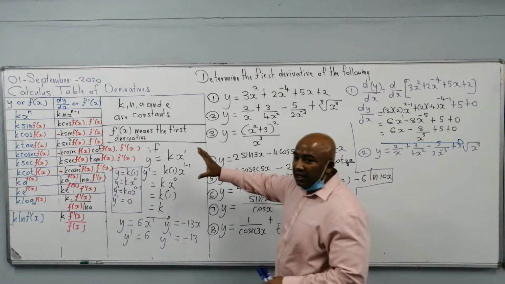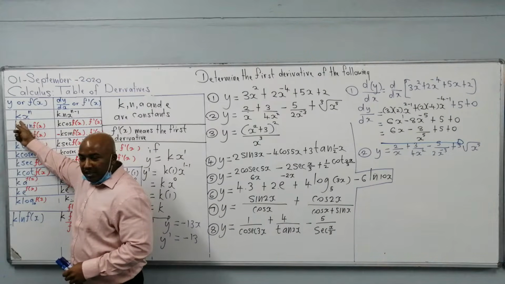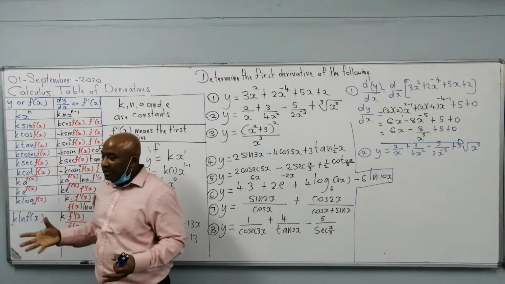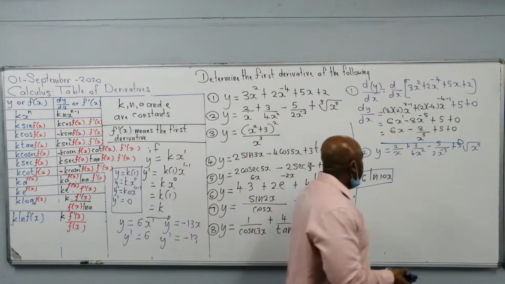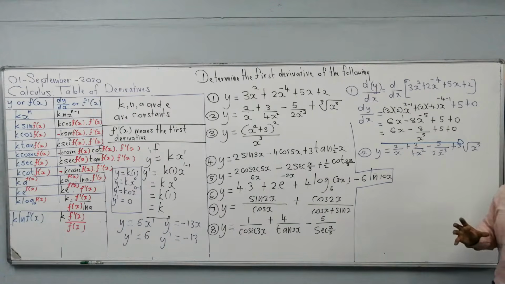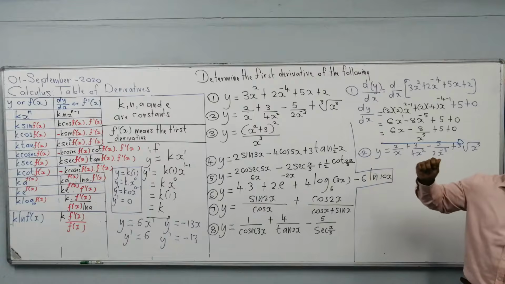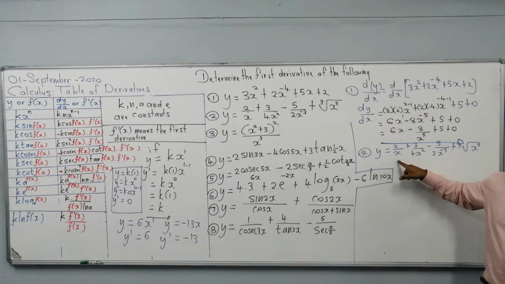That means they need to look like number 1 here, which is kx to the power n. At the moment, we are still dealing with only number 1. Just to recap, this is not in standard form. Your standard form is k multiplied by x. Now you have a number divided by x.